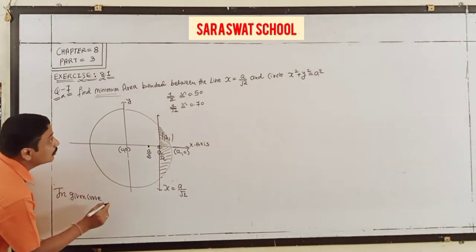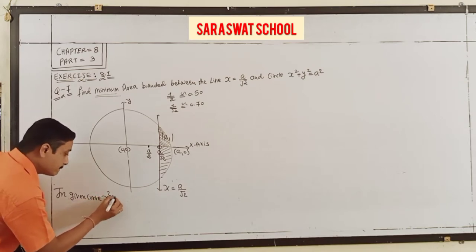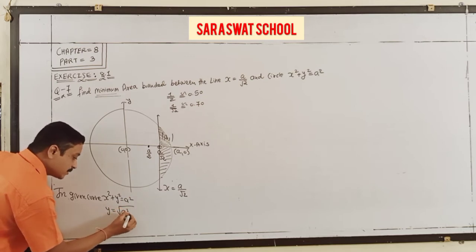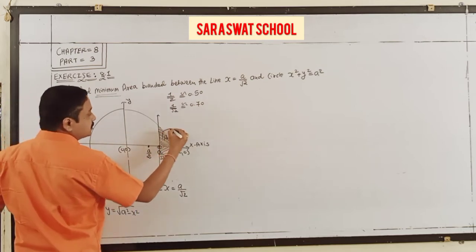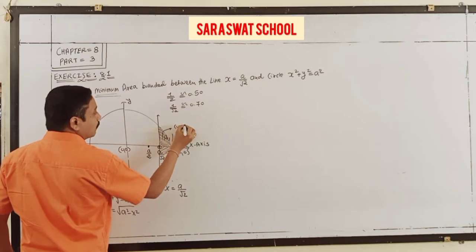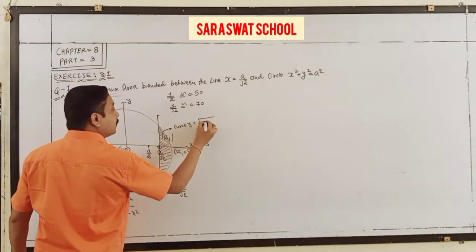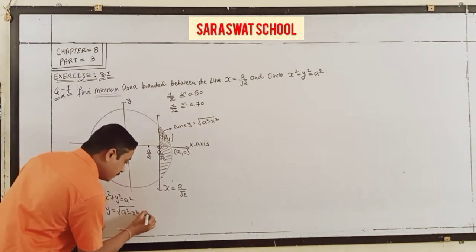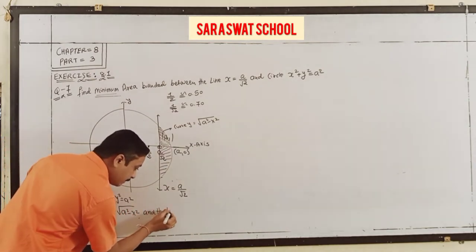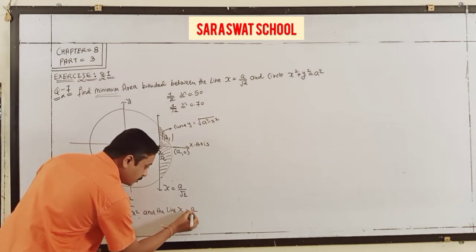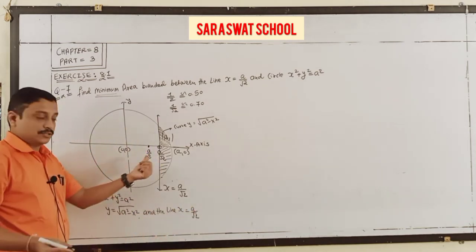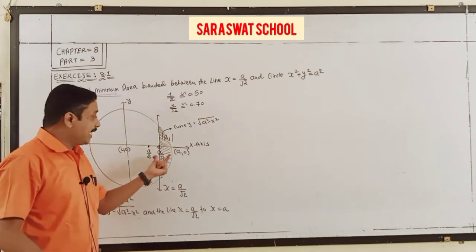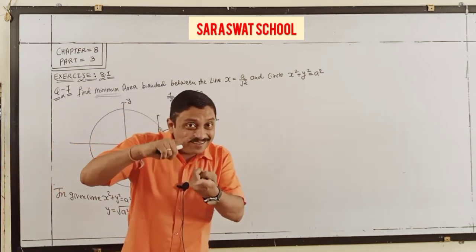Now in the given curve, what is your curve? X square plus y square is a square, which means y becomes under root a square minus x square. That is your curve, y is equal to under root a square minus x square. So with the given curve y and the line x is equal to a by root 2, I take x is equal to a, and that bounded region is the minimum.